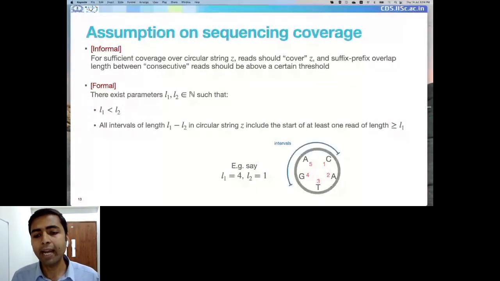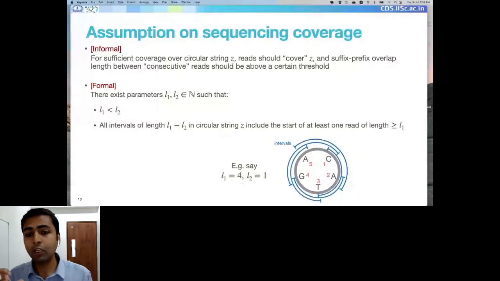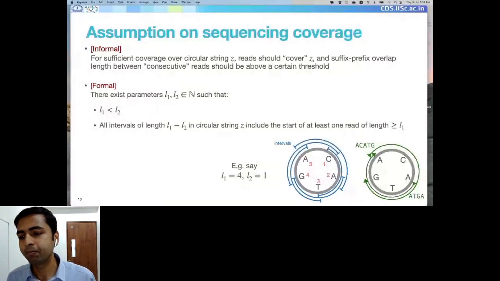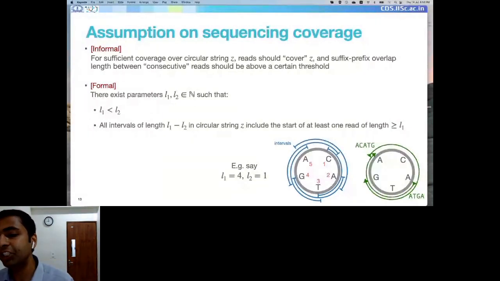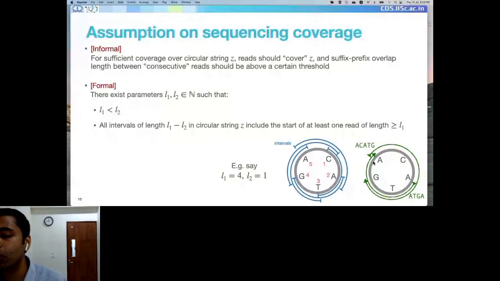So I would like to look at all the intervals of length 3 on this circular string, and each interval should include the start of at least one read of length greater than or equal to 4. If I use the read ACATG and a second read ATGA, then my sufficient sequencing coverage assumption is satisfied, because all the 5 intervals include the start of at least one read of length greater than or equal to 4.